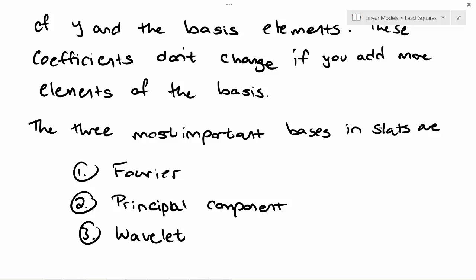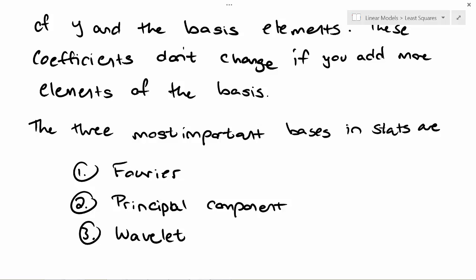Well, what are some important bases? The Fourier basis, of course, is the most famous one, and that's where the columns of x are a couple of trigonometric series that are orthonormal. Principal component bases are another one, and wavelet bases are a famous one as well.